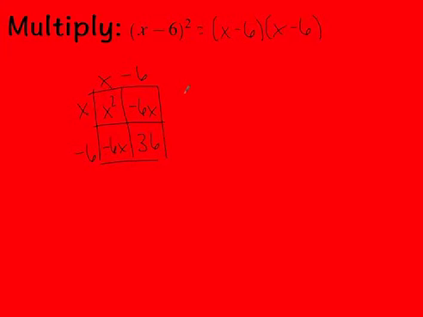So once you get the box filled out, then you write everything down. And you combine your like terms. So negative 6x and negative 6x. And whenever you add negative 6x plus negative 6x, you would get negative 12x. So your answer would be x squared minus 12x plus 36.